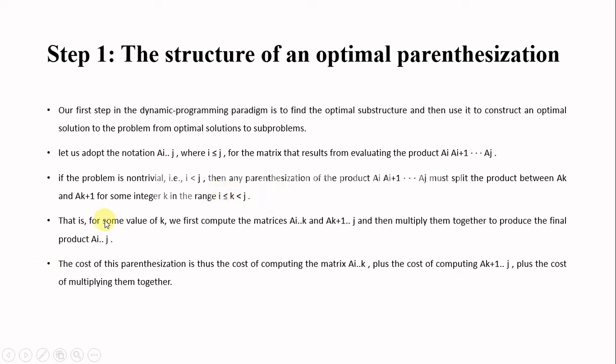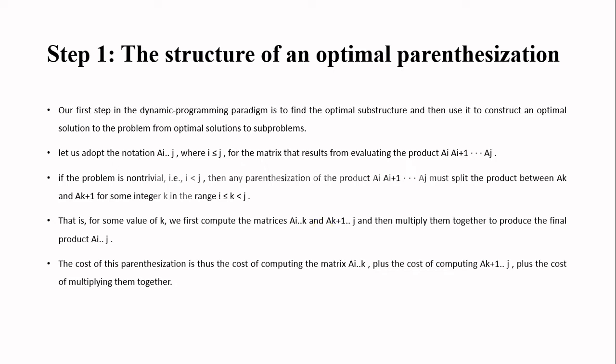Then for some value of k, we first compute the matrices Aik. This is a notation that is given here, which means Ai+1 to Ak. That product matrix you can define as Aik, and Ak+1 to Aj is the second product. Once we get this, we multiply these two products to get the final product.